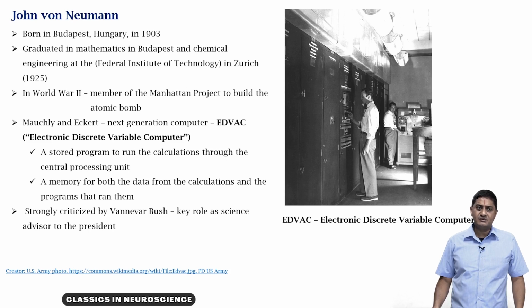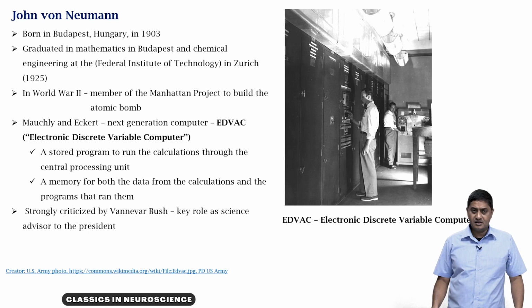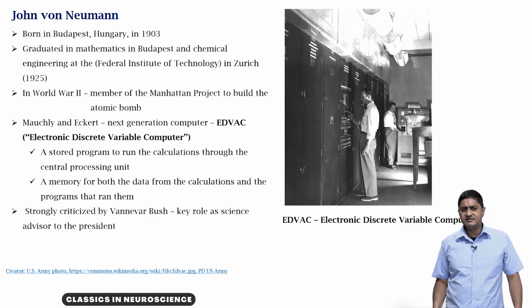He graduated in mathematics in Budapest, and he also graduated in chemical engineering at ETH Zurich in 1925. He then emigrated to the United States, I think around 1930, and in World War II he became a member of the Manhattan Project to build the atomic bomb.